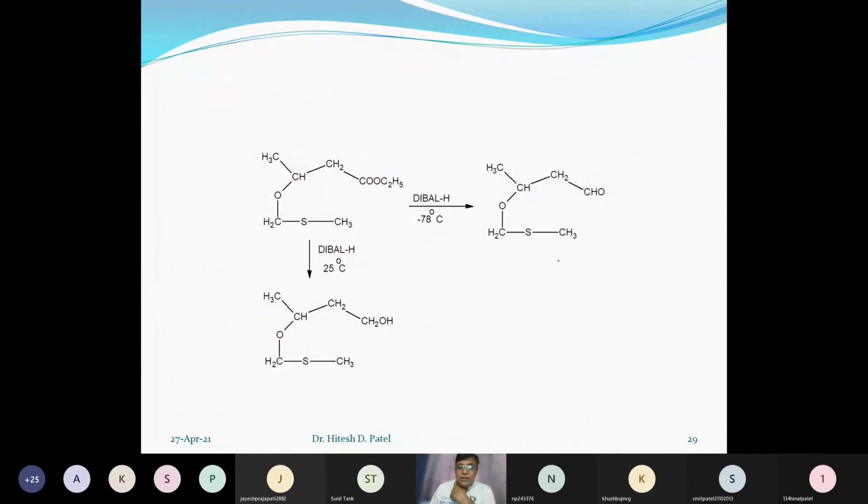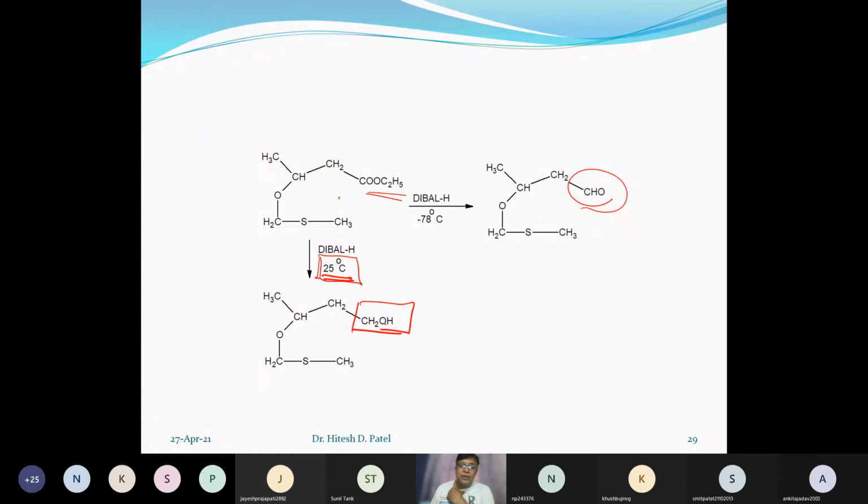At low temperature the efficiency of this reagent is slow, and that's why the aldehyde will form. But when we have a temperature near about 25 degrees centigrade, means near about room temperature, then instead of this aldehyde we will get alcohol.